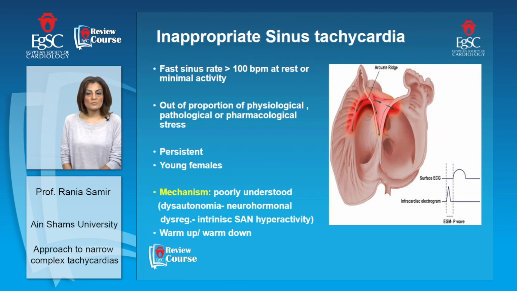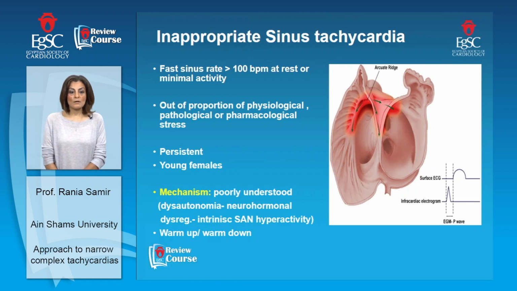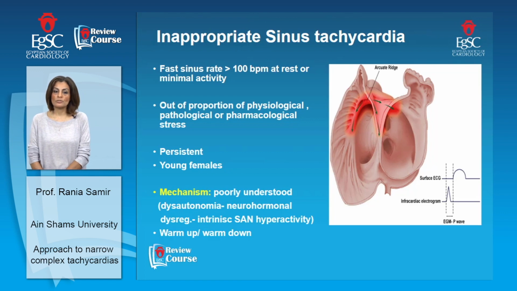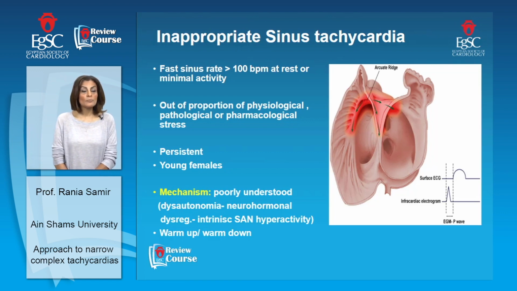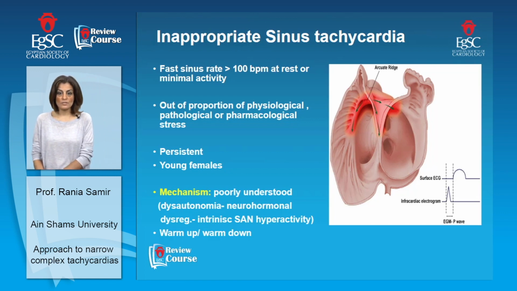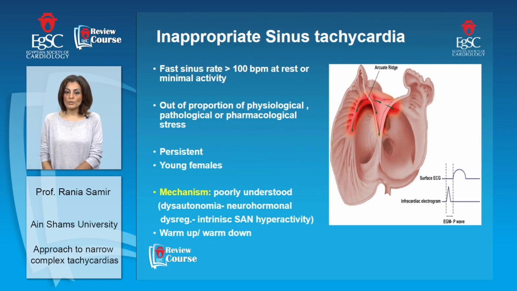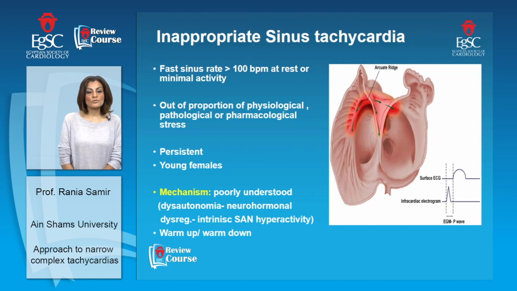The exact mechanism of this tachycardia is actually unknown or poorly understood, but the majority of theories depend on abnormality in the automaticity within the SA node. Either it's dysautonomia, hyperactivity within the SA node, or neurohormonal dysregulation.